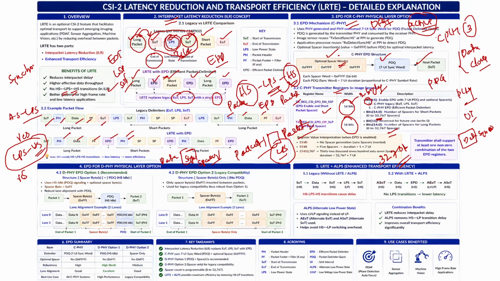So that spacer is supporting how many packets it will be sending: zero packets to 32767, okay, the capability of data packets transmitting. So that is the maximum capability of data transmission.